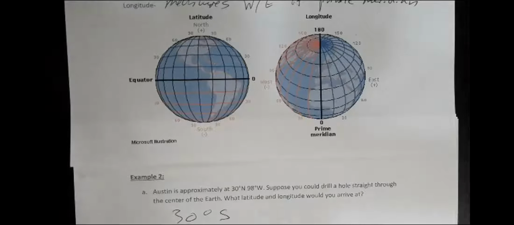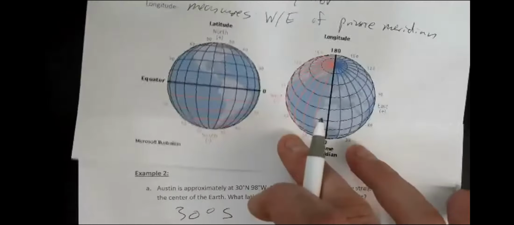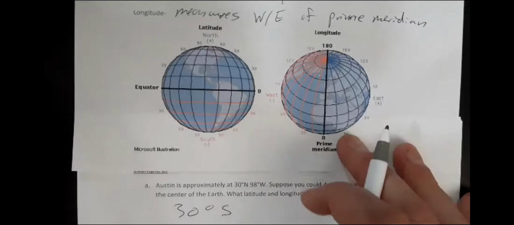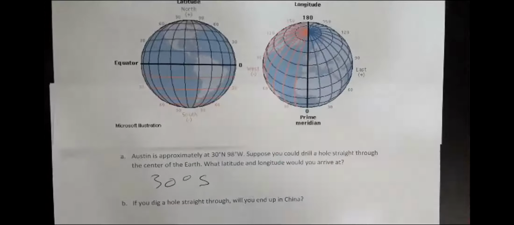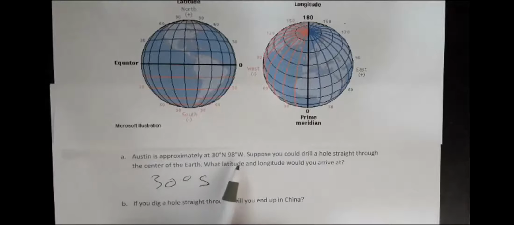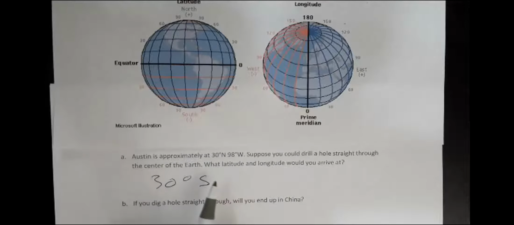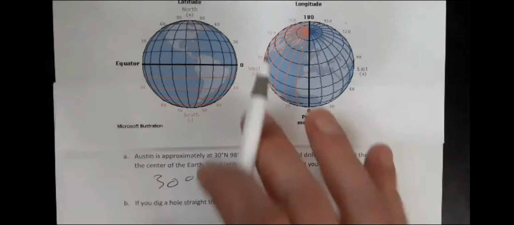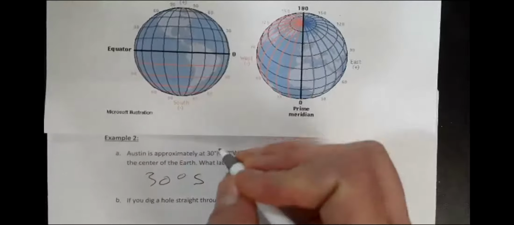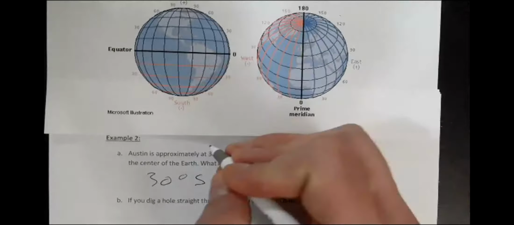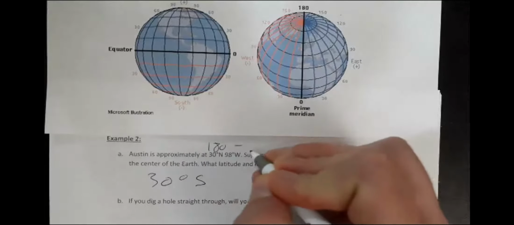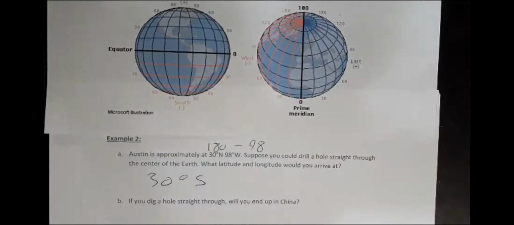And so what we're actually going to have to do to find the meridian or the longitude, we're going to have to swap. This one went from north to south. This one we're going to have to go from west to east, but we're going to have to do 180 minus this. So this and the other thing should add up to 180. So we're subtracting it from 180 to get our solution.